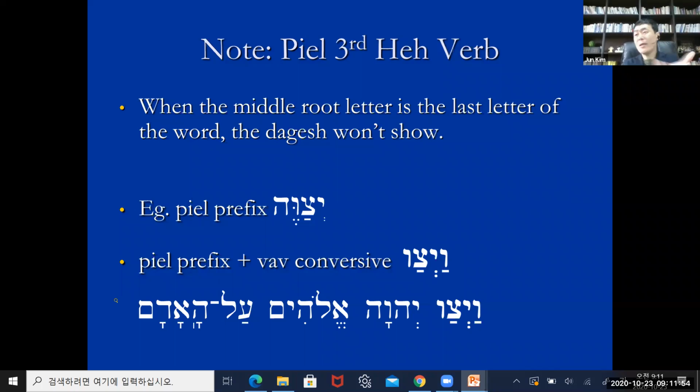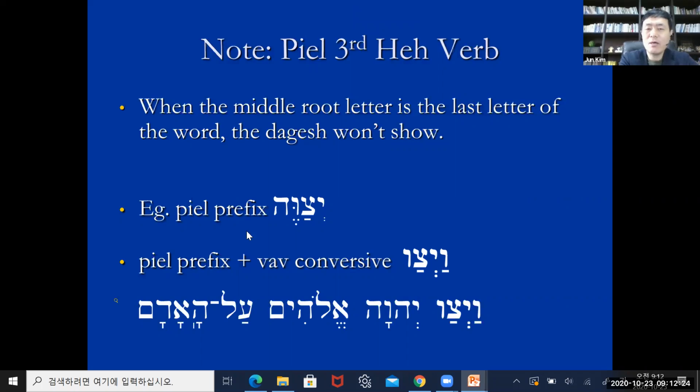When can those things happen? The hint is third he. Sometimes the third he will be dropped off because it is not a strong sound. And then when the he is disappearing, the second root letter becomes the last letter of the word. Then it will happen: when the middle root letter is the last letter of the word, you cannot see dagesh forte.